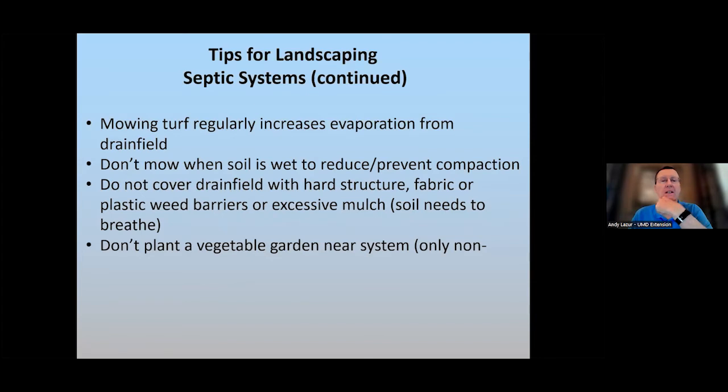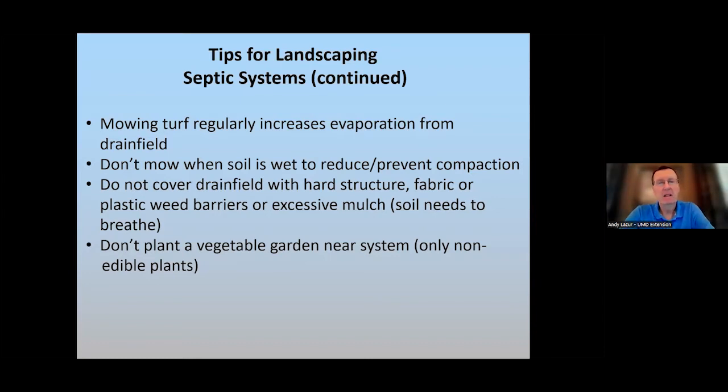I get this question a lot, actually. Well, what about a vegetable garden? It's the only place I have in my yard to put a vegetable garden. It's right over the septic drain field, and that's not a good thing because, depending upon your system, the depth of your system, the soil type, and the rain flow, wastewater can wick up.